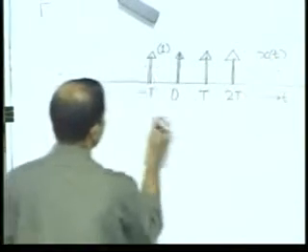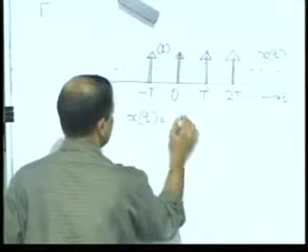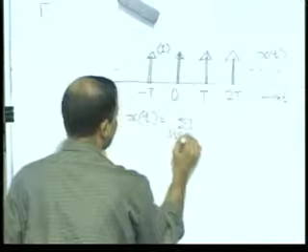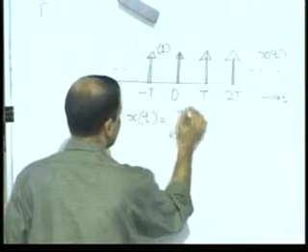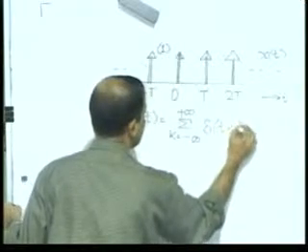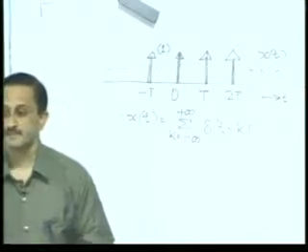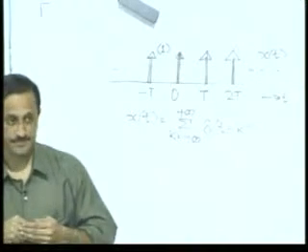So in fact we have an expression for x(t). What is it? x(t) is summation k going from minus infinity to plus infinity of an impulse located at kT. Is that right?